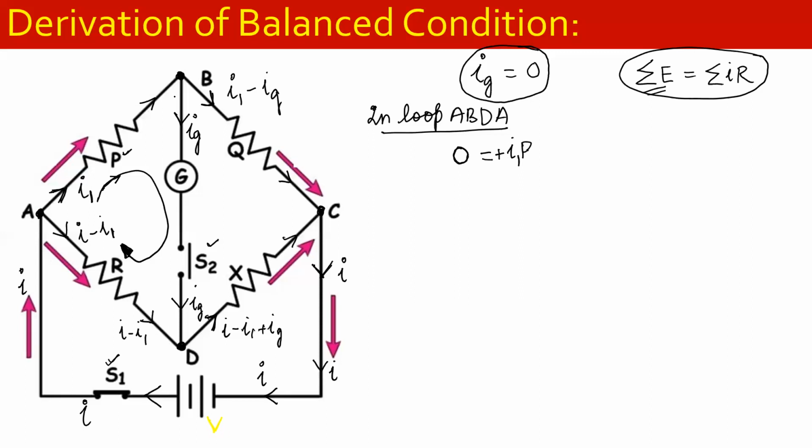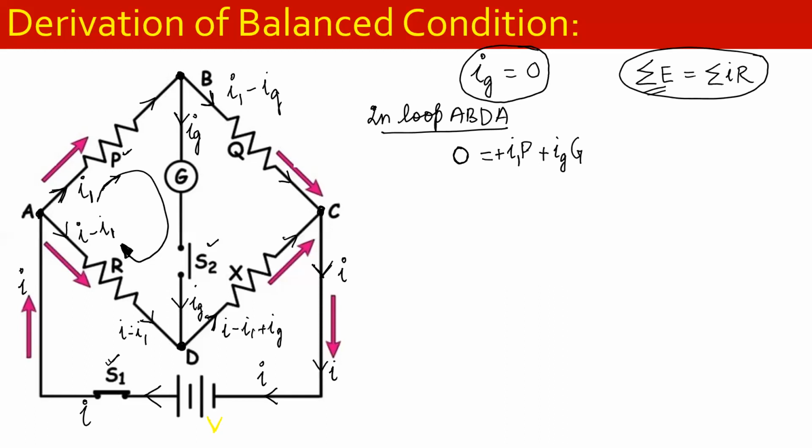Now, on reaching the galvanometer, the direction of current by KCL and according to the assumed loop is the same. So the potential difference across the galvanometer will also be taken as positive, that is Ig.